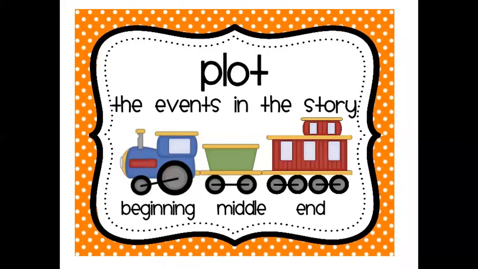The plot, what happened in the beginning, in the middle, and at the end. What happened in the beginning of the story? Peter was sad because he had to make a presentation, but he doesn't have any idea. In the middle, he asked his grandmother to tell him about any tradition from their culture, and she told him about the dream catcher.